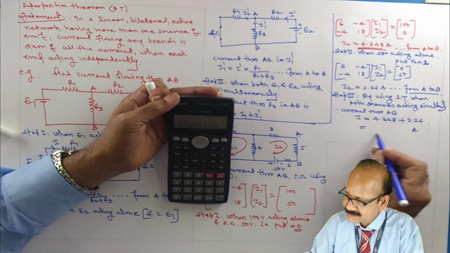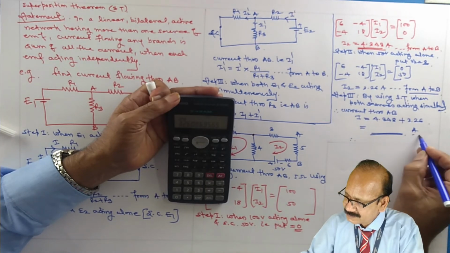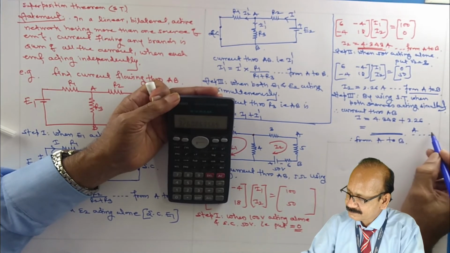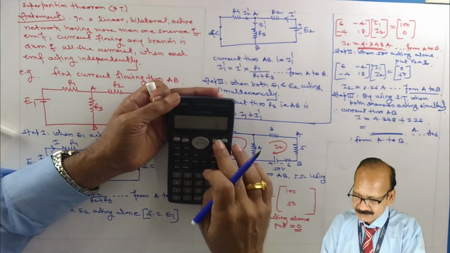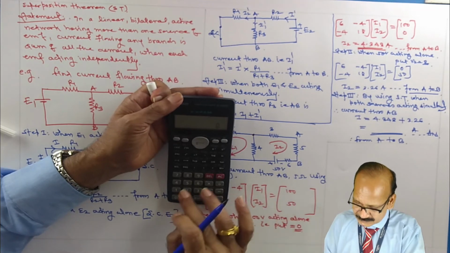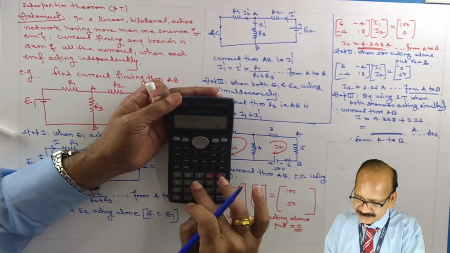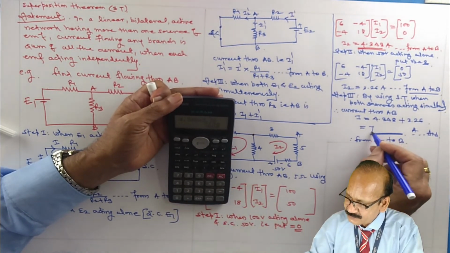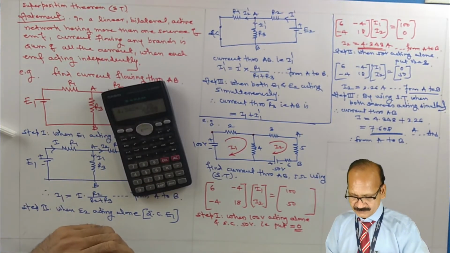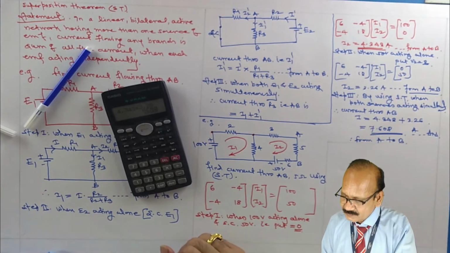This answer is positive, and therefore it is also from A to B. You have to come out of the equation mode, and then 4.348 plus 3.26 equals 7.608 ampere. So in this way we have obtained the current flowing through AB using the superposition theorem.